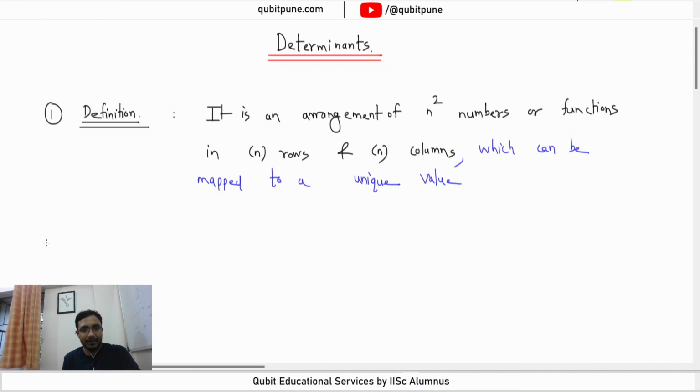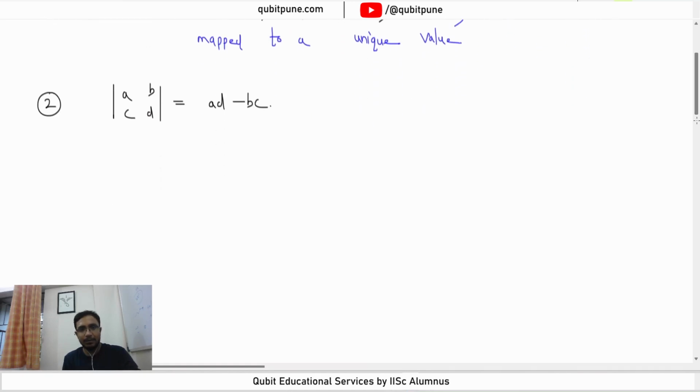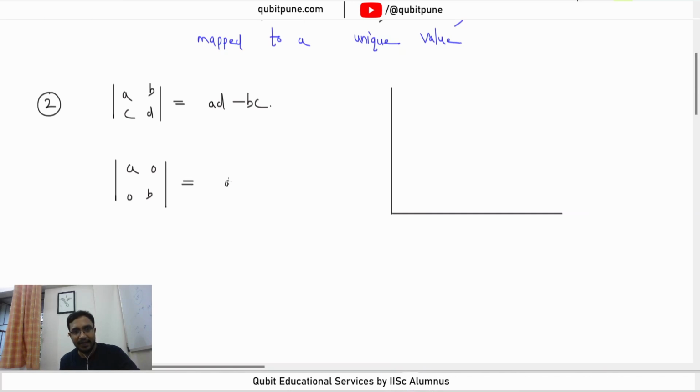Okay, fine. Let us start with 2 by 2. Let us start with 2 by 2 determinant. The value is AD minus BC, and you may be knowing, may not be knowing, but this particular determinant, let's say A 0 0 B, actually gives us the area of the rectangle spanned by 3 points: origin, then A comma 0 here, and then 0 comma B here.